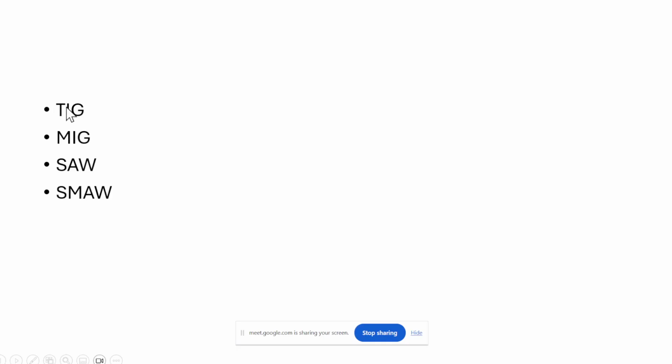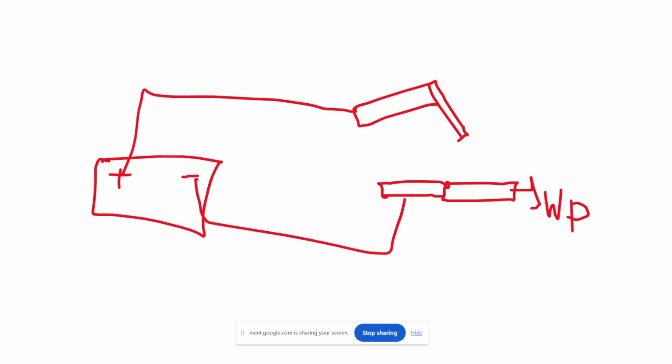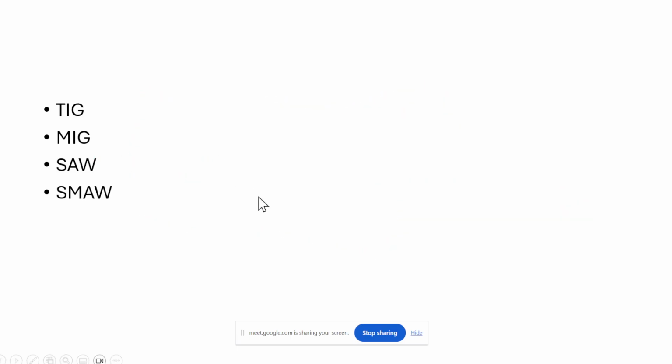Broadly, arc weldings differ only by two factors: how we provide the filling material and how we provide the shielding environment. In TIG welding, the electrode is non-consumable, so we provide the filler material separately, and shielding is provided using inert gases like argon, helium, and so on.